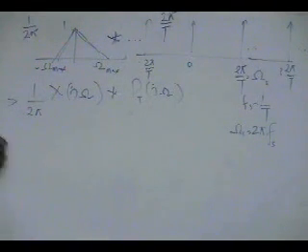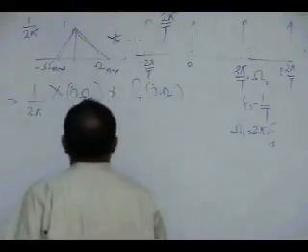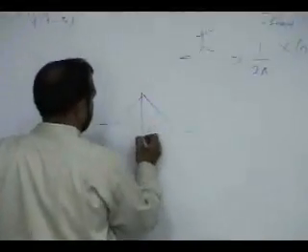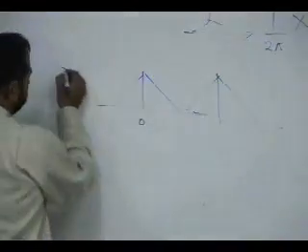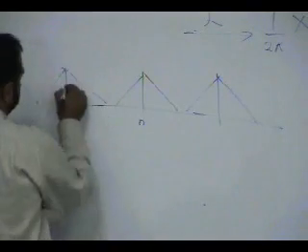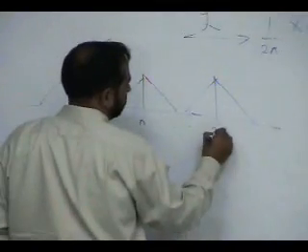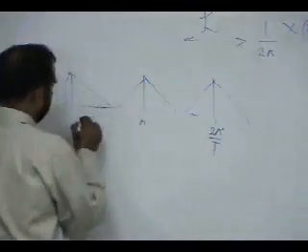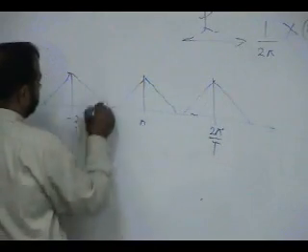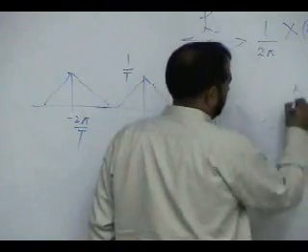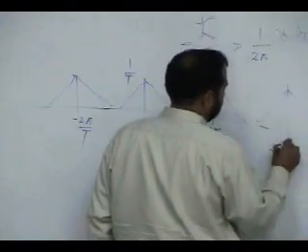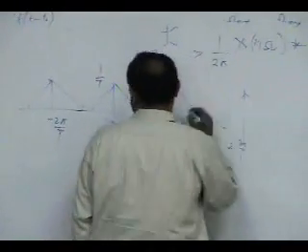So I can draw it like this. Here a copy at 2π over T, minus 2π over T, magnitude is 1 over T, and many copies. This is what the math tells us.